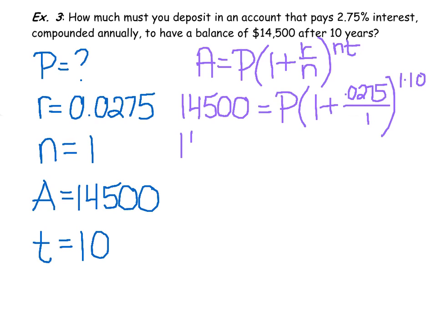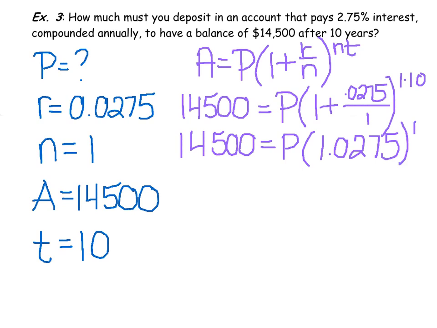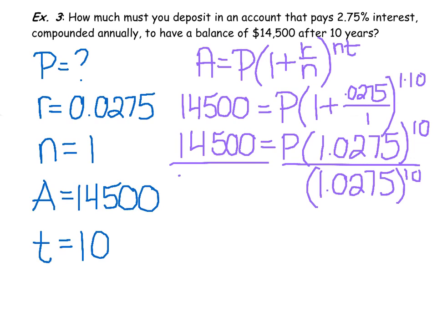Well, 14,500 equals P times 1.0275 to the 10th power. Having done this, to find P, we're going to take 1.0275 to the 10th power and divide it on both sides.